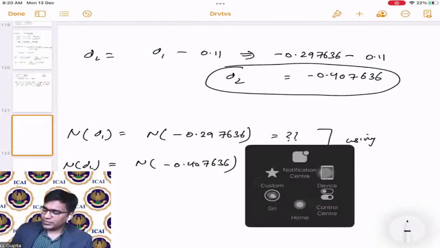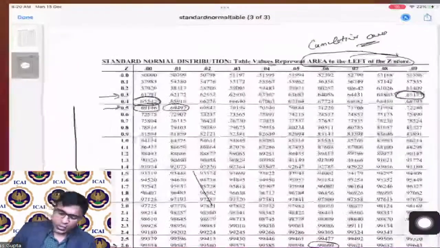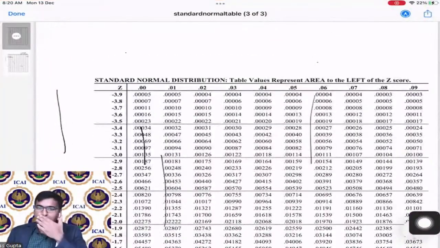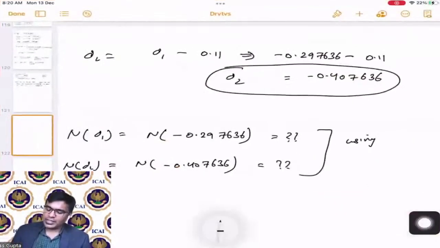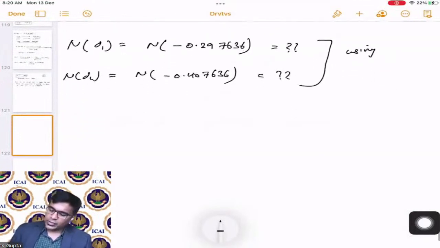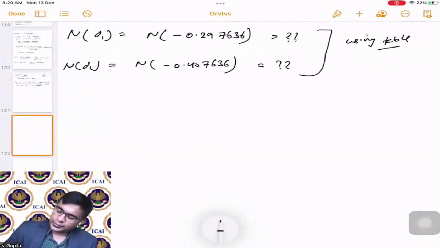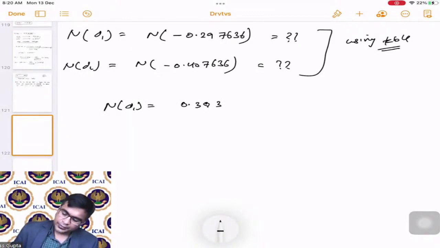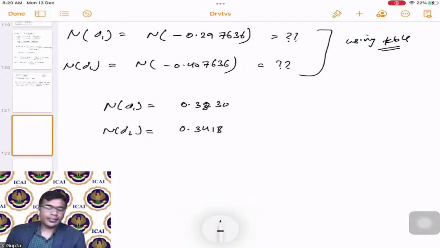So just like we have a positive table of standard normal distribution, we have a negative table also. From this, you find the negative values for the particular range that will be used in N(D1) and N(D2). I'm just directly putting the numbers here. Okay. So N(D1) will be equal to 0.3830. And N(D2) is equal to 0.3418. Okay. This is N(D1) and N(D2).